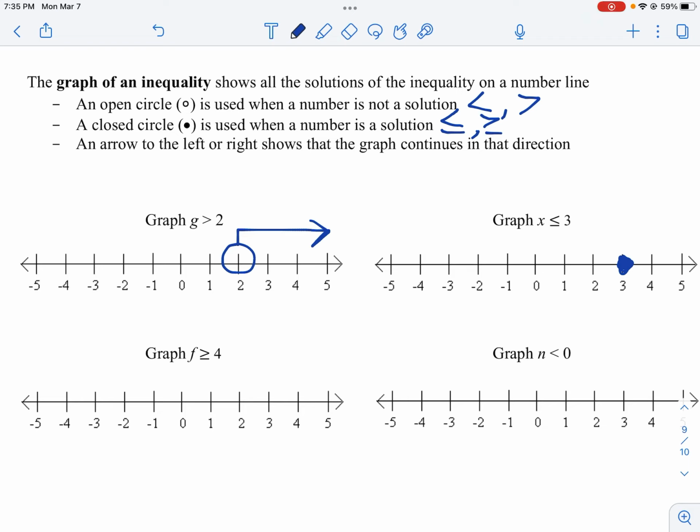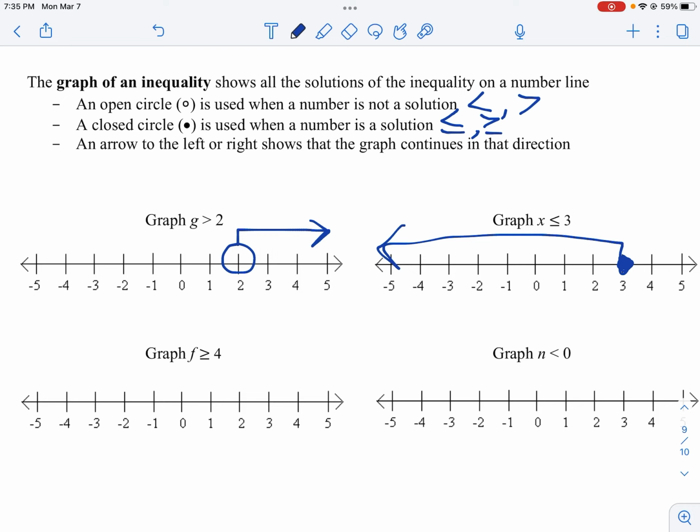So we didn't circle it on the first one, on number 2, because it's saying g is greater than 2. So 2 is not greater than 2, so we can't enclose it. But this one is saying x is less than or equal to 3, so we do enclose it. Then our arrow is going to go to the left because it's saying x is less than or equal to 3. So we need all the numbers that are less than or equal to 3.